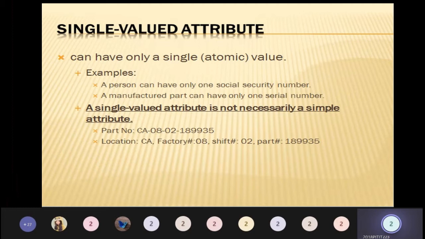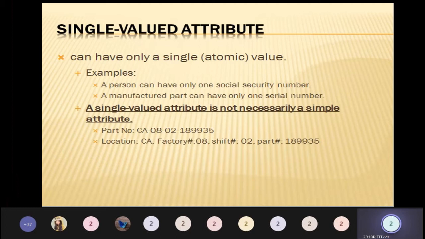A single value attribute can have only one value, and such attributes are called atomic attributes. A person can have only one social security number, and a manufactured part can have only one serial number.